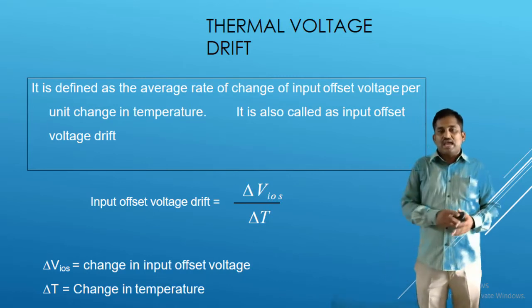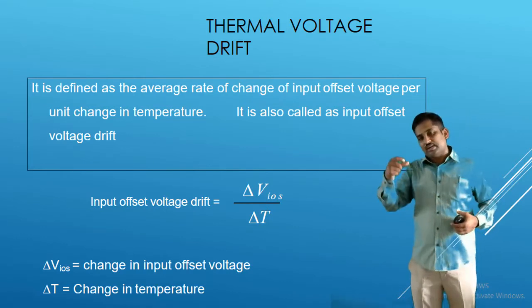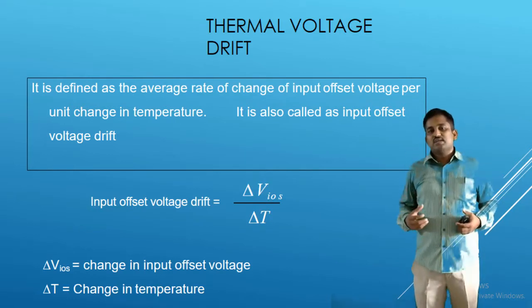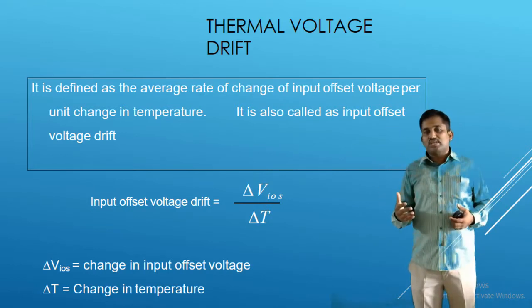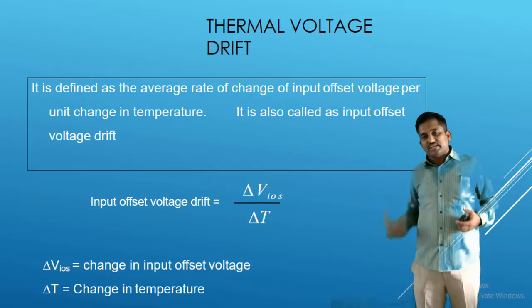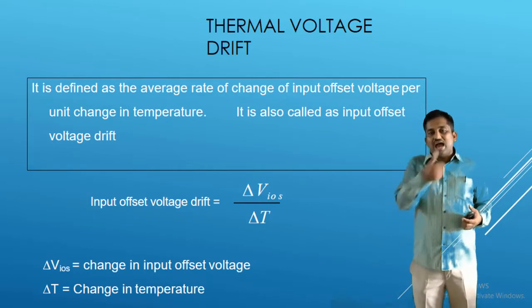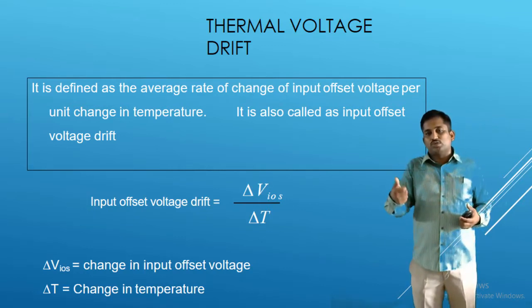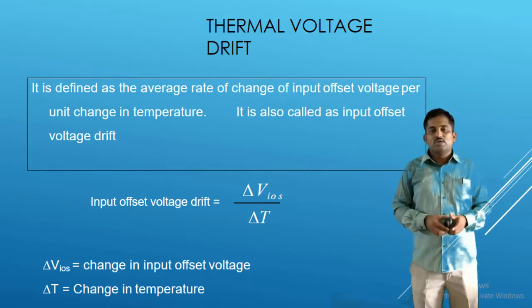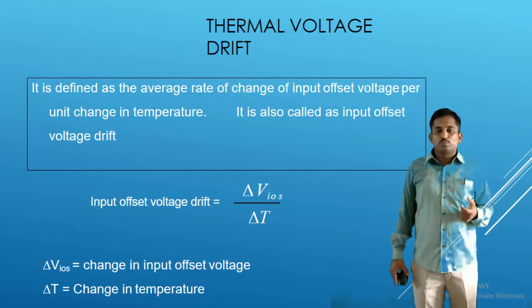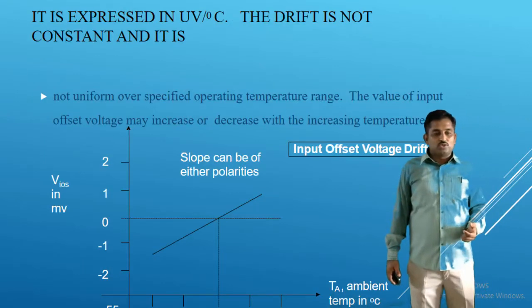The average temperature coefficient, or input offset voltage thermal drift, is nothing but the ratio of rate of change of input offset voltage with respect to the rate of change of temperature, which is also called thermal voltage drift or average temperature input offset voltage drift or average temperature voltage coefficient, and it is expressed in microvolts per degree centigrade. That is about the input offset voltage drift.